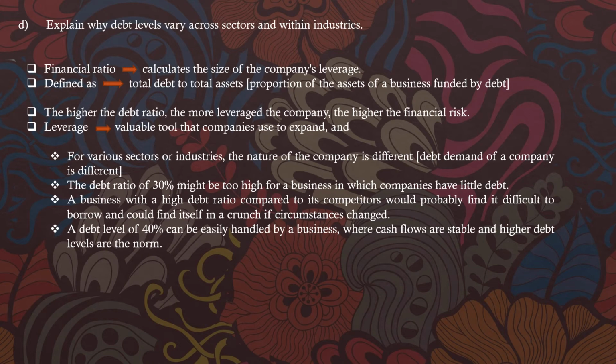A business with a high debt ratio compared to its competitors will probably find it difficult to borrow and could find itself in a crunch if circumstances change. Contrarily, a debt level of 40% can be easily handled by a business in a sector such as telecommunications, where cash flows are stable and higher debt levels are the norm.